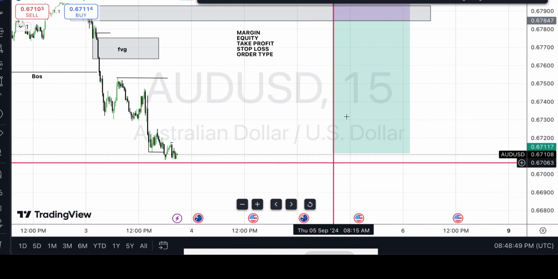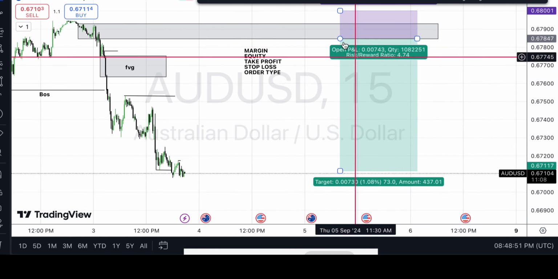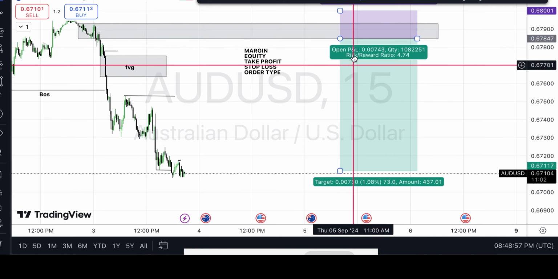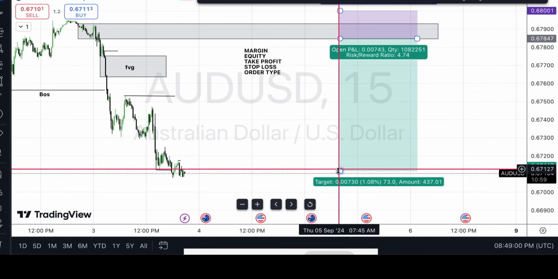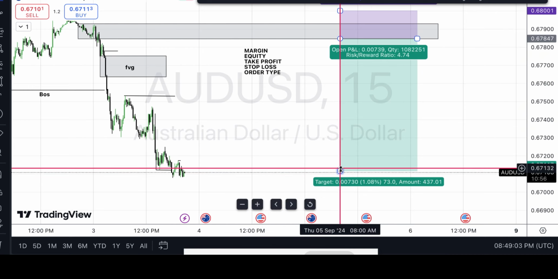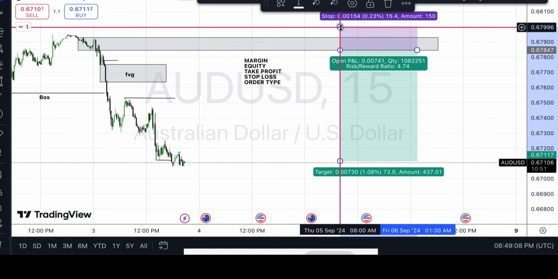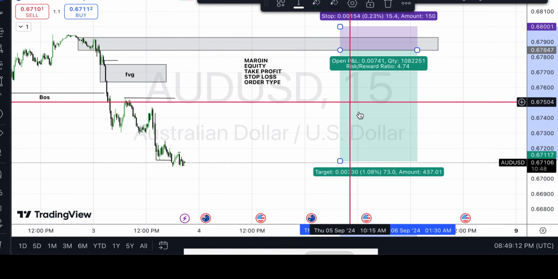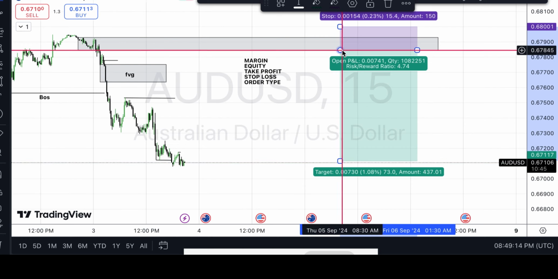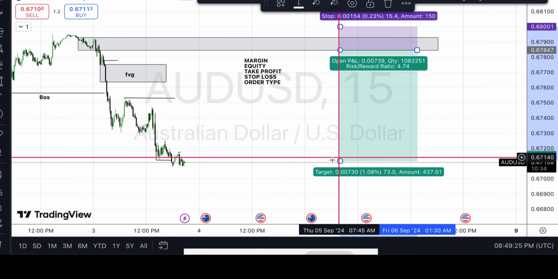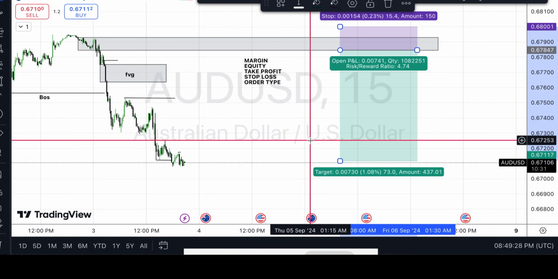If this trade goes in my favor, I want it to stop in profit at this zone. So this zone here is my take profit. I'm going to also explain what stop loss is when we get to that. I'm entering the trade from here, and this is my take profit. So I want the market, the broker, to automatically take me out in profit at this zone. So that is what take profit means.